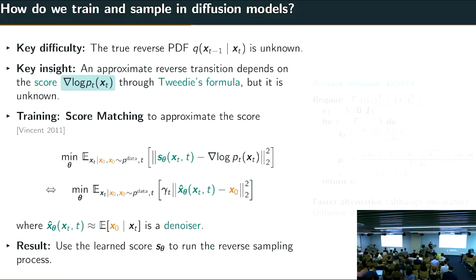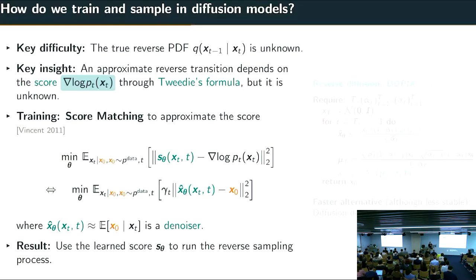We train the score, we approximate it with a neural network, and we can see that training this score is more or less equivalent to training a denoiser, which takes as an input the noisy sample and retrieves the original image.